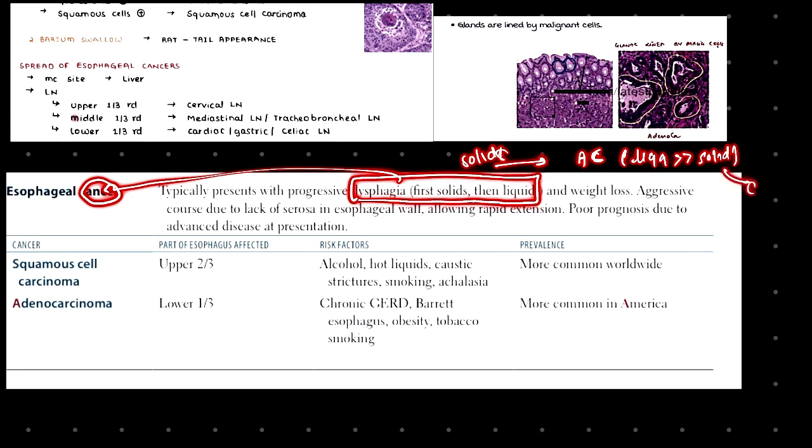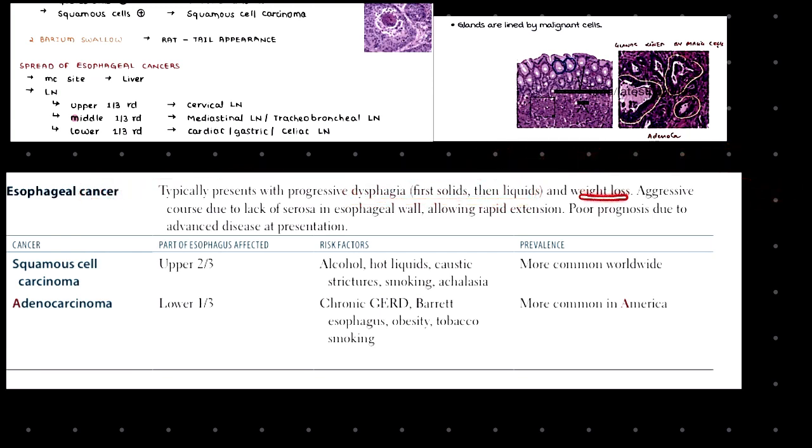Here we are talking about gravity. If you are not able to recall, please go and watch that lecture also. Because of this there will be weight loss, and an aggressive course due to lack of serosa in the esophageal wall, allowing rapid extension.